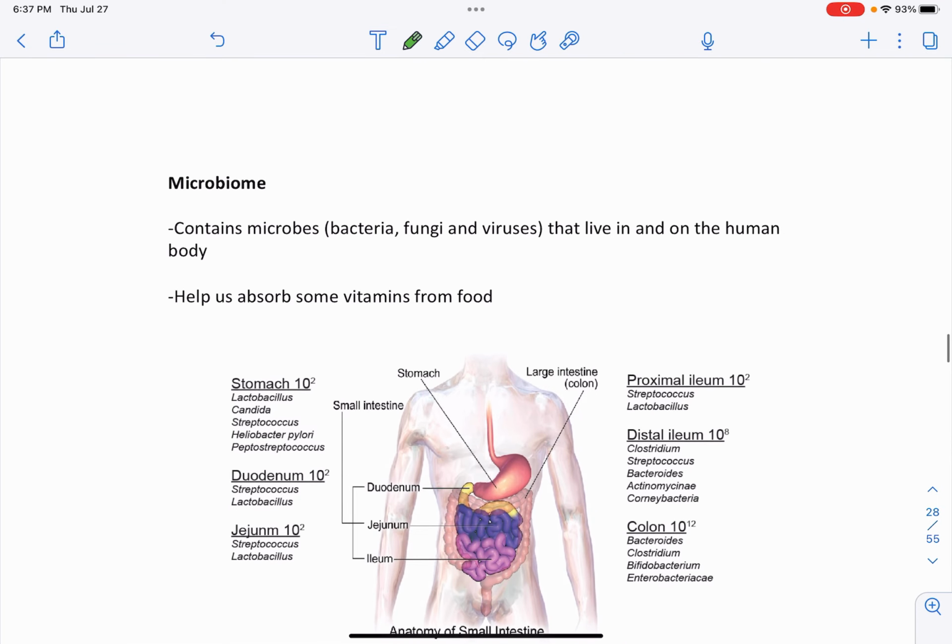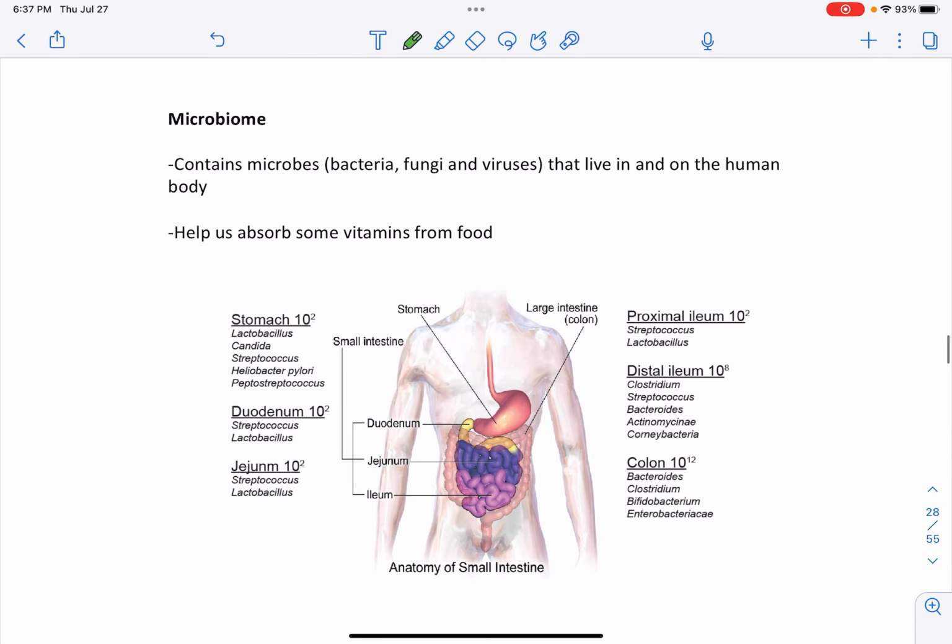All right, and last, this is more of an FYI. You've probably heard of the microbiome, mostly because it's talked about all over the news, and there's all these products in the grocery store now that are targeting the microbiome.